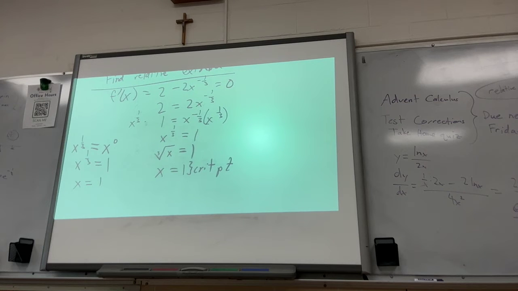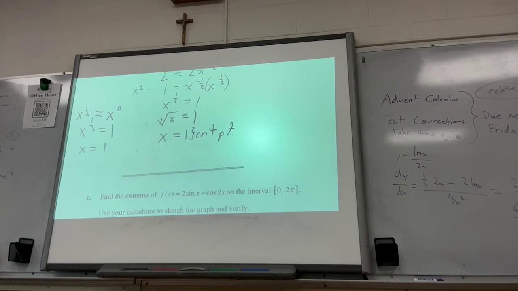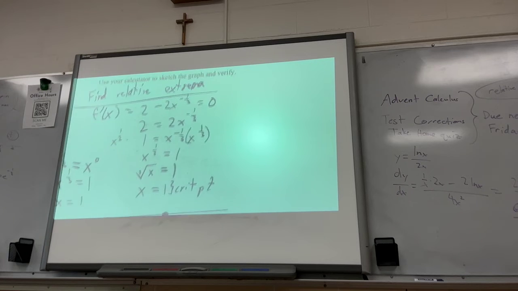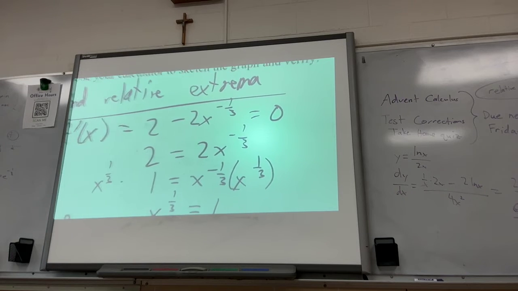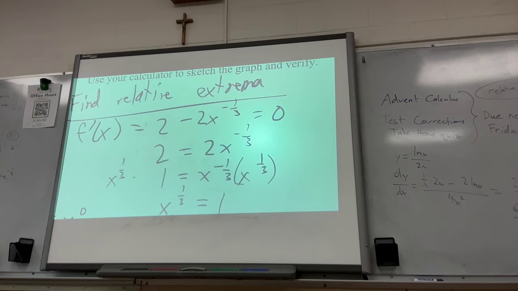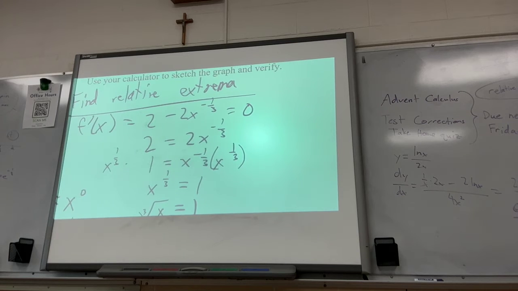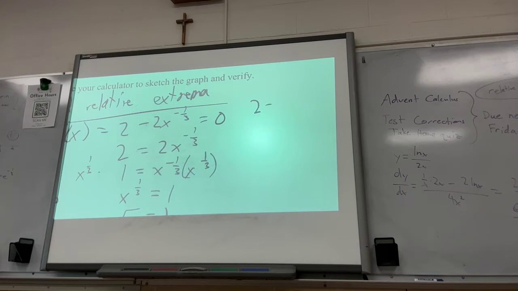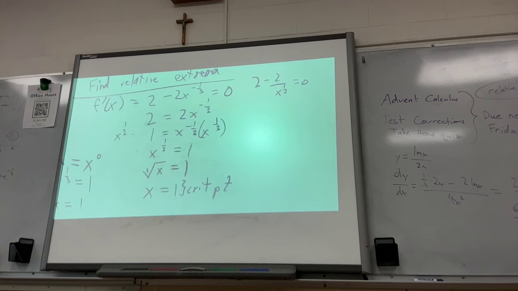Okay, so we can make a sign chart then. Are there any other points? We've got to set the derivative equal to 0 or undefined. I didn't do that here. I went too fast. Actually, we do have to do that here. So sorry. 2 minus 2 over x to the 1/3 equals 0. What x makes that undefined?